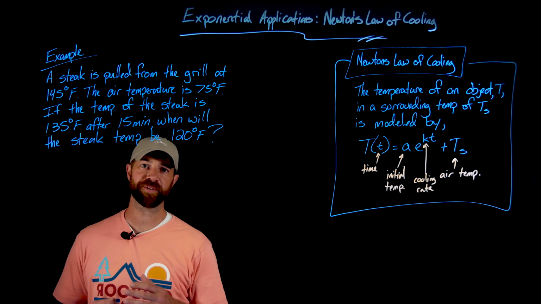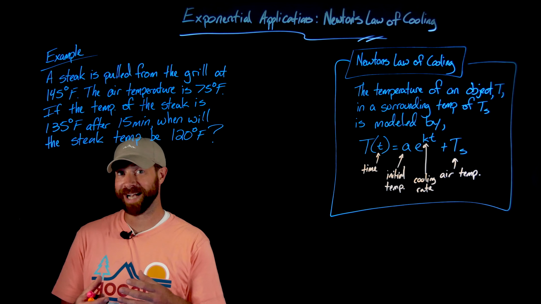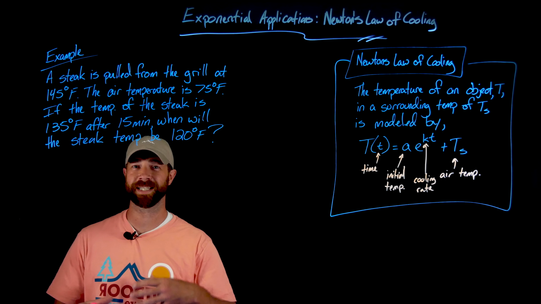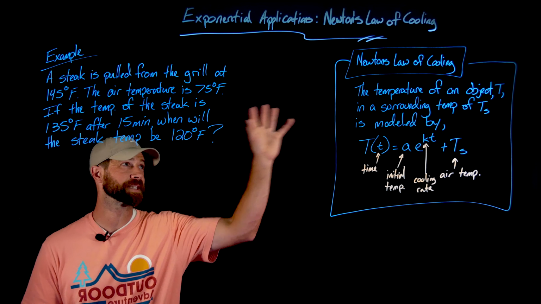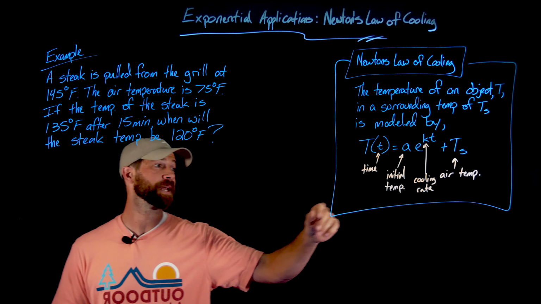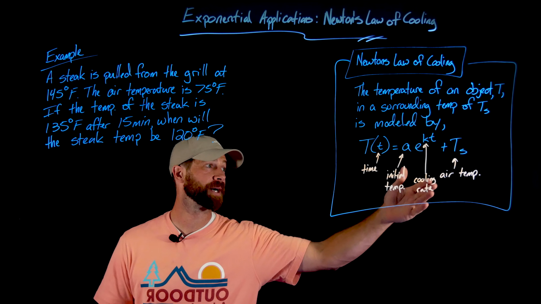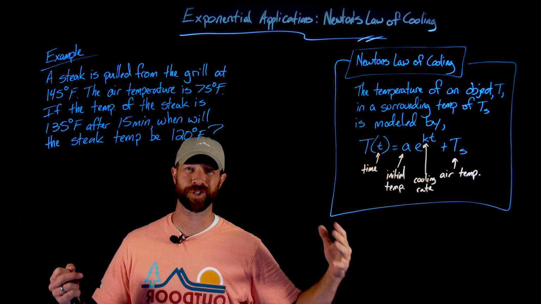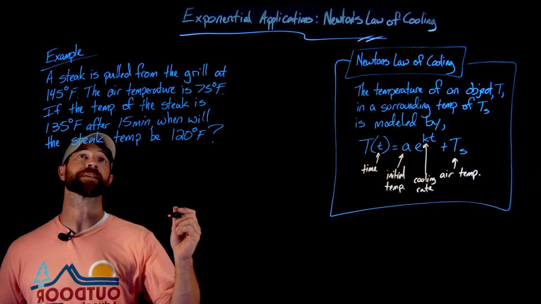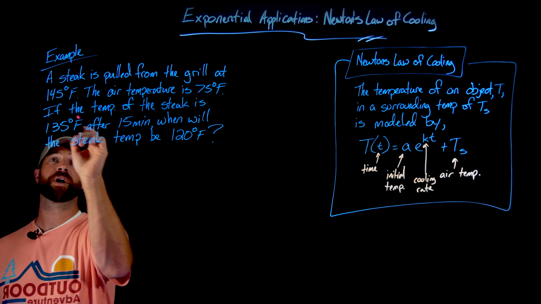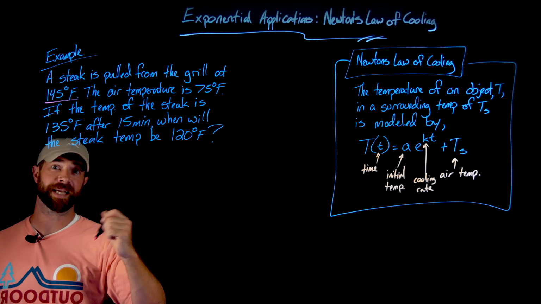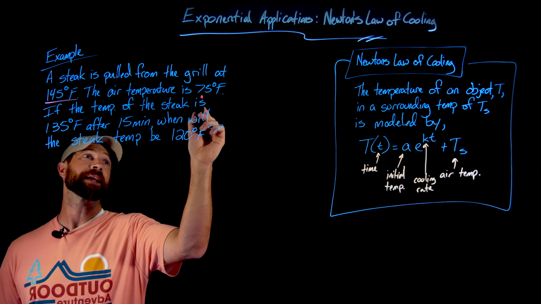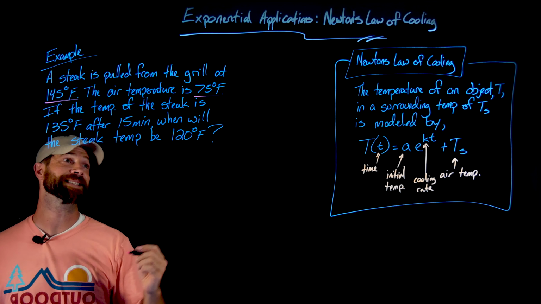All right, in these situations where we are asked about the temperature of something that's cooling, given some ambient temperature, we can just apply this right away. We should always have the initial temperature and the surrounding temperature, and in this case we are given that. We're told that this steak comes off the grill and begins cooling at 145 degrees, and the air temperature around the steak is 75.